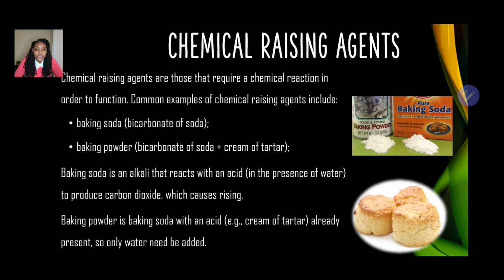An example too: you may notice whenever you're making a chocolate cake or a red velvet cake and it asks for baking soda, what else is also in that recipe? An acid, right? And an example of that acid may be vinegar. Awesome. Now, baking powder is baking soda with an acid, and that acid is cream of tartar, right?